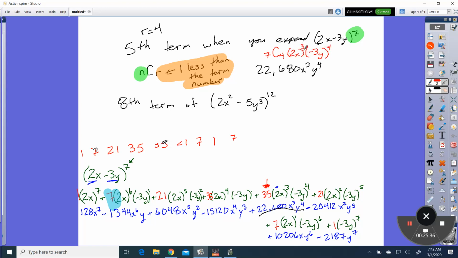So this has to be a 3. Then I can put 7C4 in my calculator, and it's going to give me 35. And then the 2 is going to be cubed, and the negative 3 is going to be to the 4th. And that should give me 22,680.